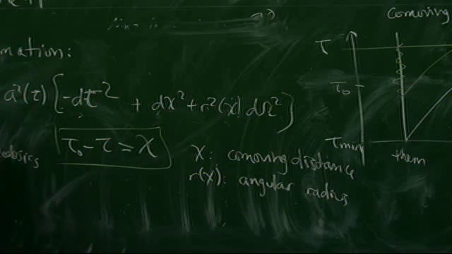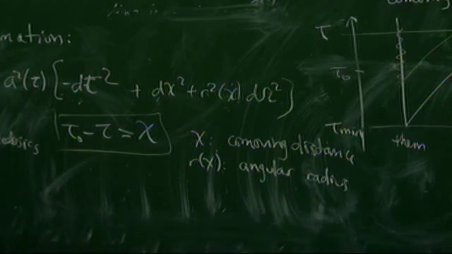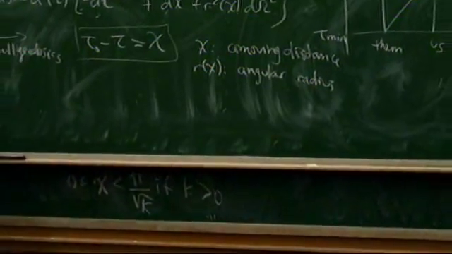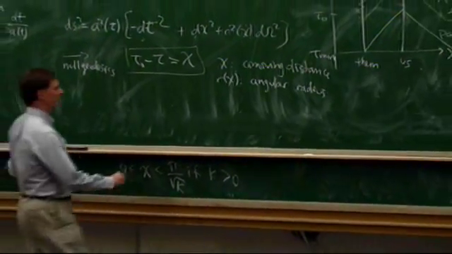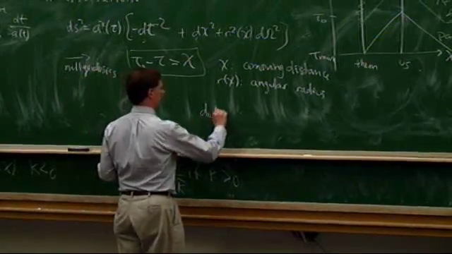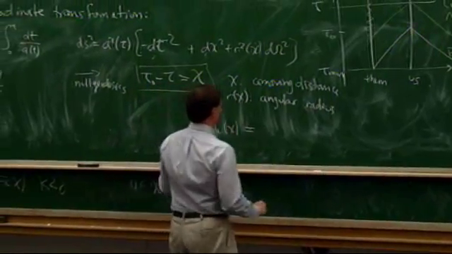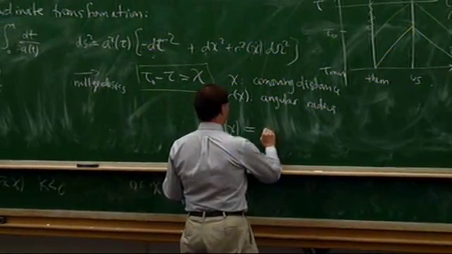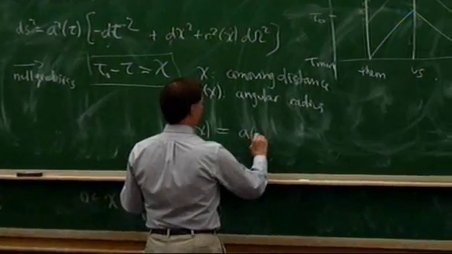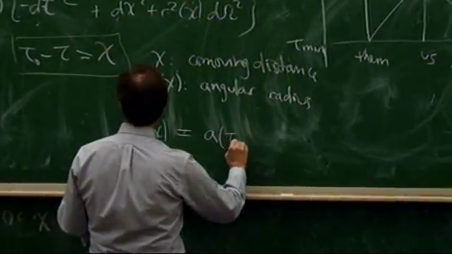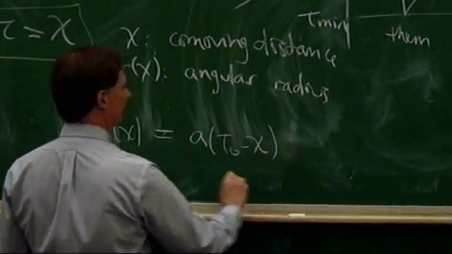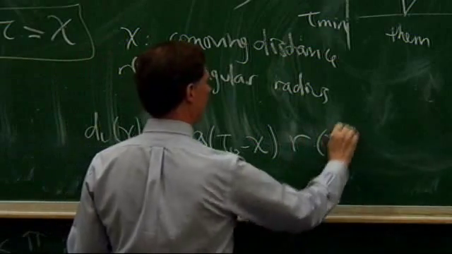And I won't give a derivation because I've gone on too long, but I will write down a formula for what's called the luminosity distance that is used in supernova measurements. And it is A of tau, which is tau 0 minus chi, times R of chi.